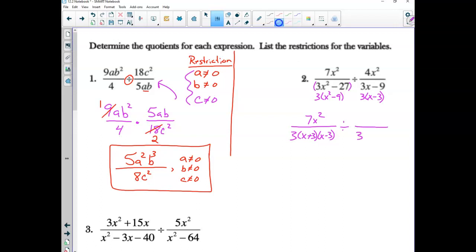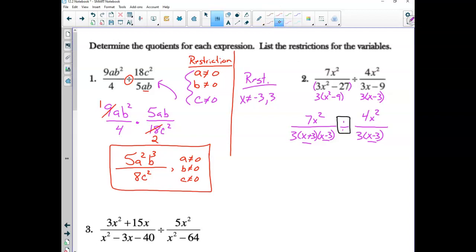I'm going to say this is 3x minus 3 over 4x squared. And I'm thinking restrictions. My restrictions are x cannot be negative 3, positive 3, and it's listed there. Oh, wait a minute here. That's division. We don't divide fractions.